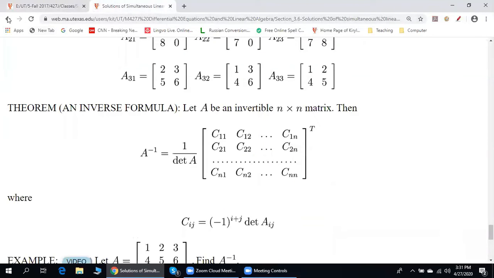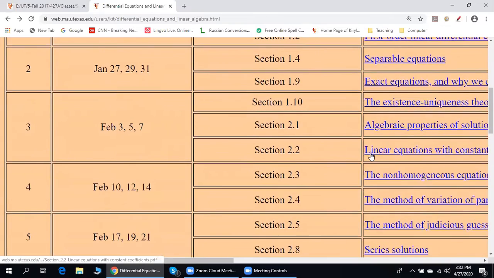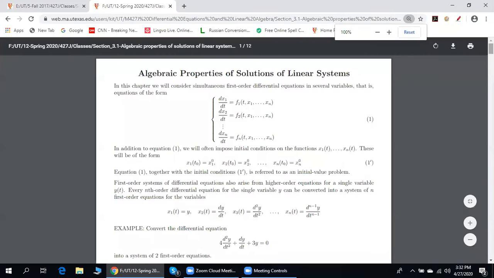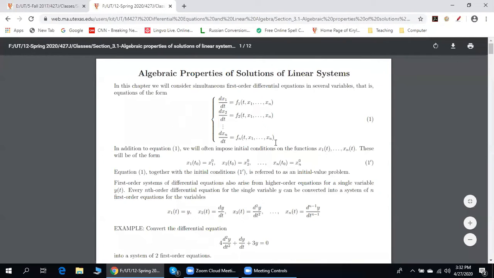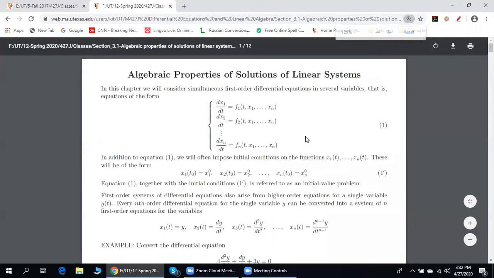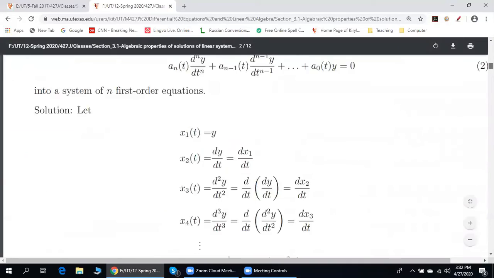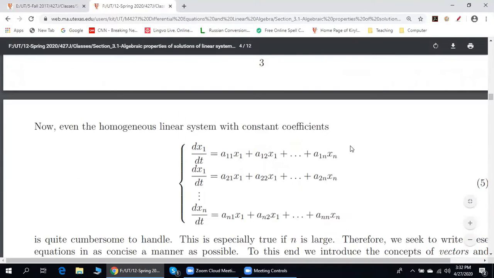For example, going back to section 3.1 over here, this is not an autonomous system. We have t. However, over here, this is an autonomous system.